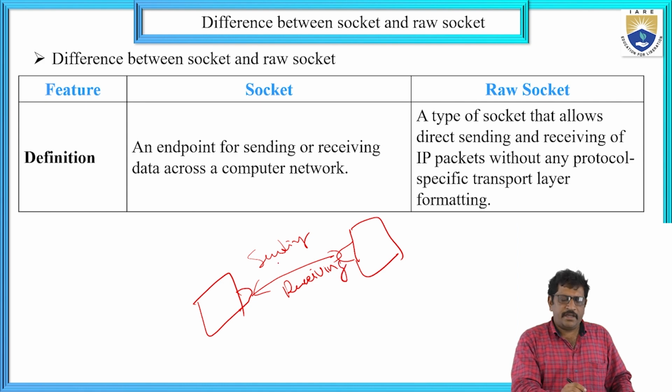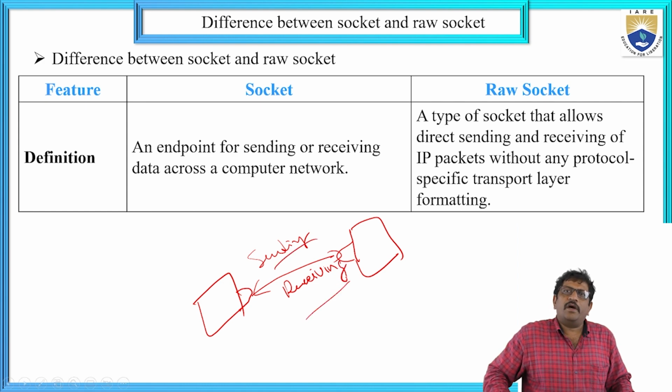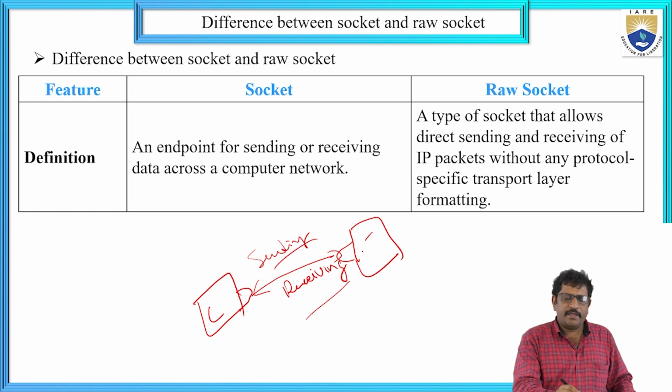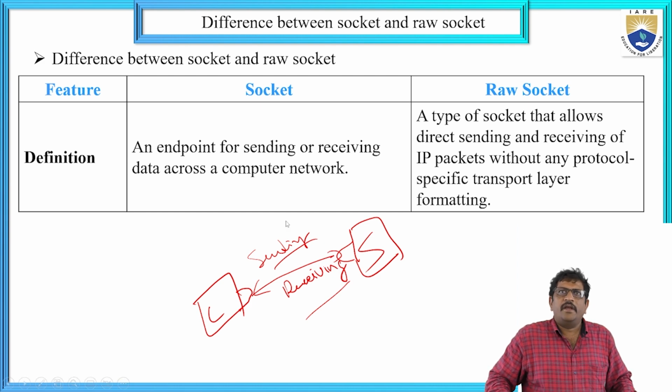For sending and receiving purposes, we create the sockets at both the server side and the client side. It is the endpoint for sending or receiving data across a computer network, so it is a socket standard.